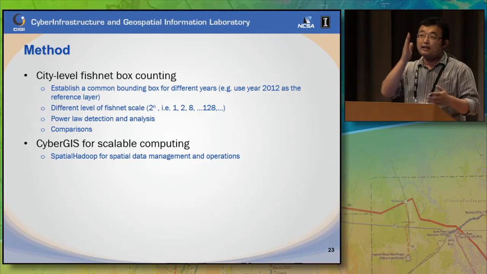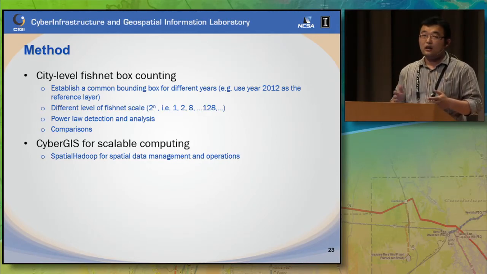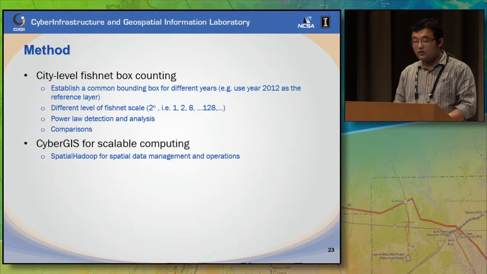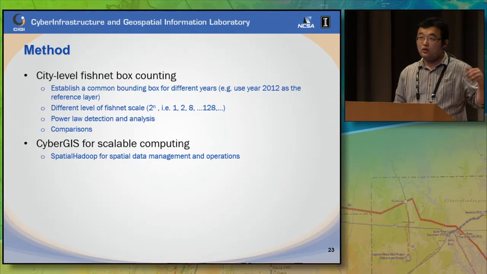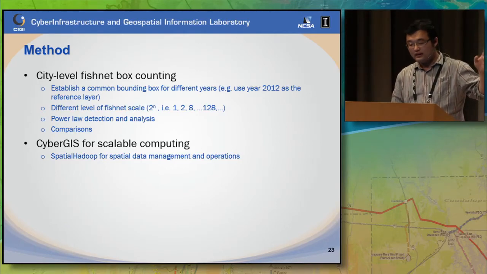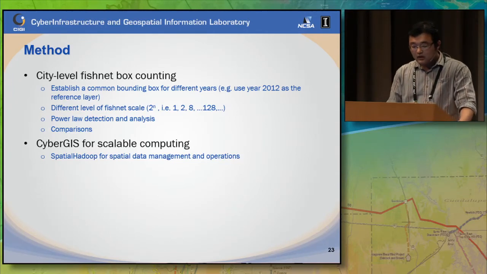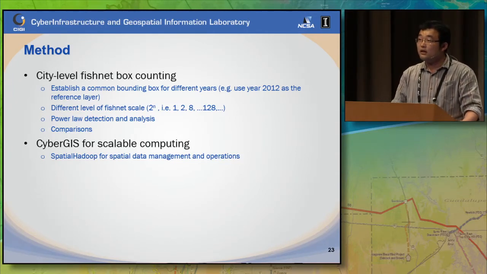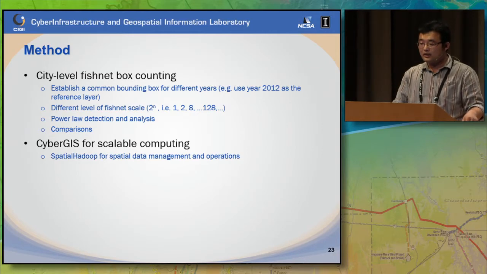Then we slice them into different grids. The factor we choose is 2 right now: 2 squared, 4, 8, etc. And because we're using the CyberGIS platform, we chose SpatialHadoop to do the experiments.